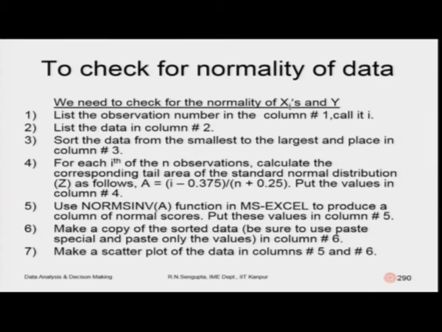So, corresponding to that, a value is equal to I minus 0.375, I will come to why, divided by n plus 0.25. Calculate the values and put them in column 4. Use the norm inverse function from Excel and put these values in column 5 based on column 4. Make a copy of the sorted data and put it in column 6, and then try to plot column 5 against column 6.